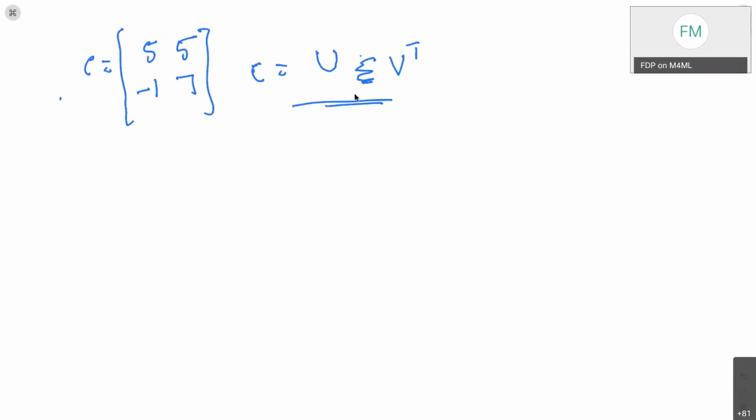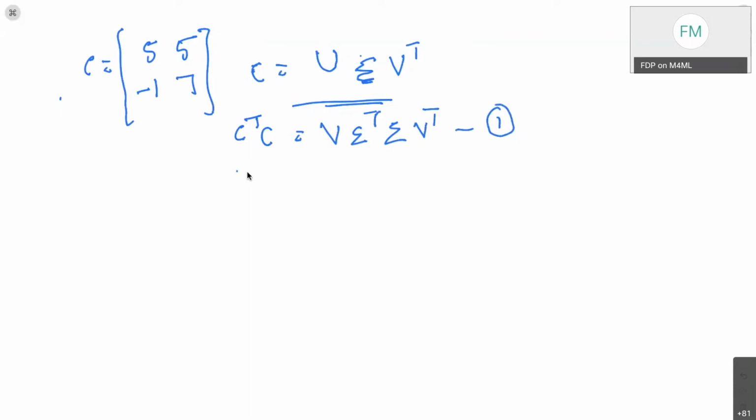Sigma is a diagonal matrix which contains non-negative entries, right? Now we can represent this as C transpose C, which is equal to V sigma transpose sigma V transpose, right? So let me call this expression 1.